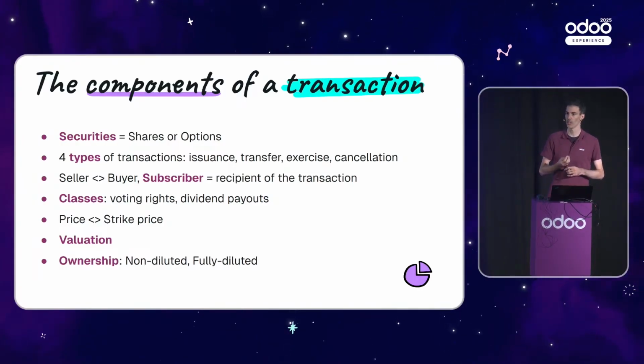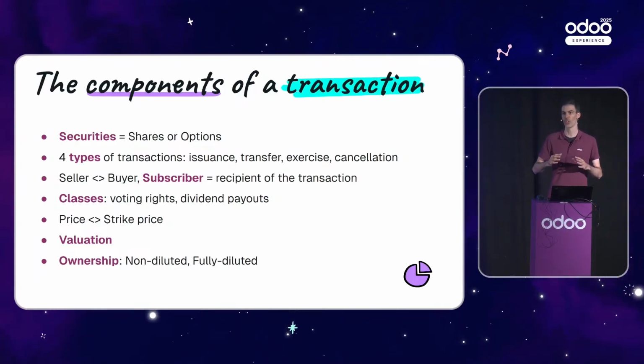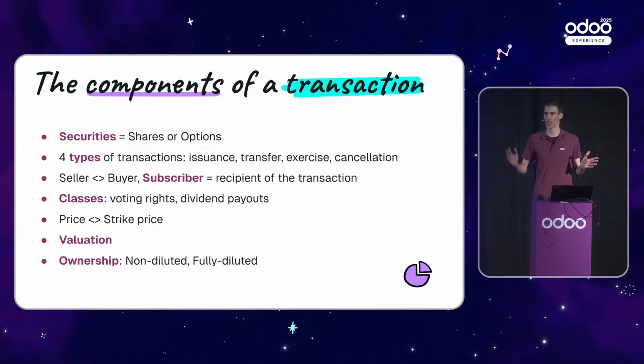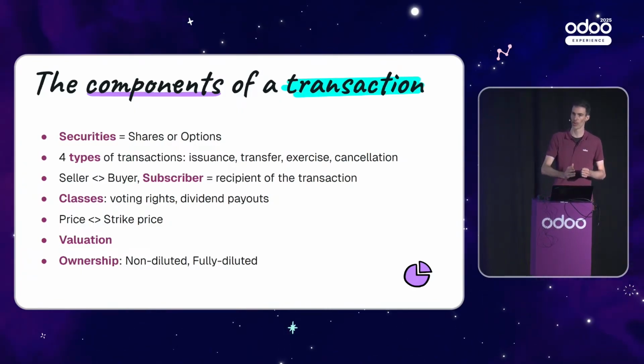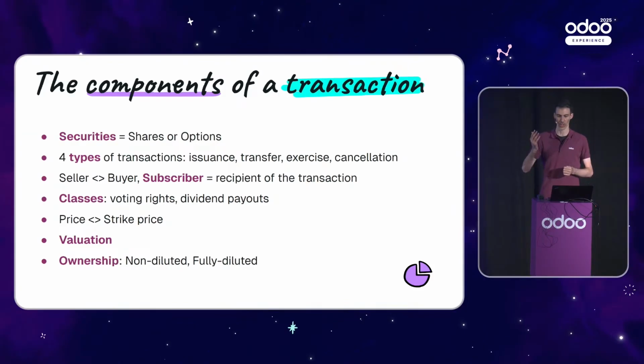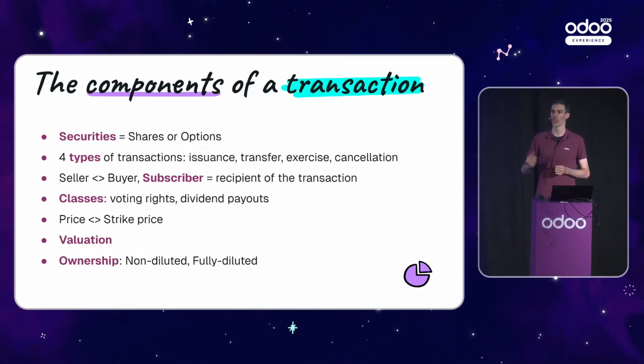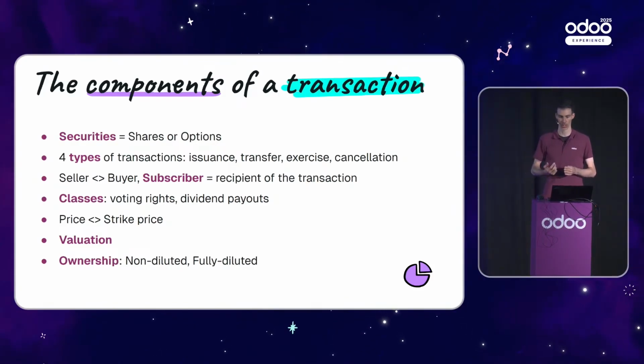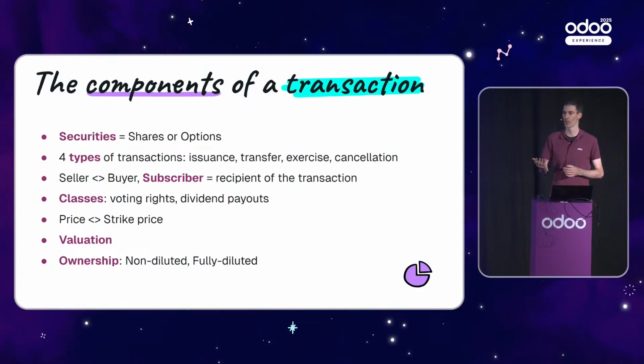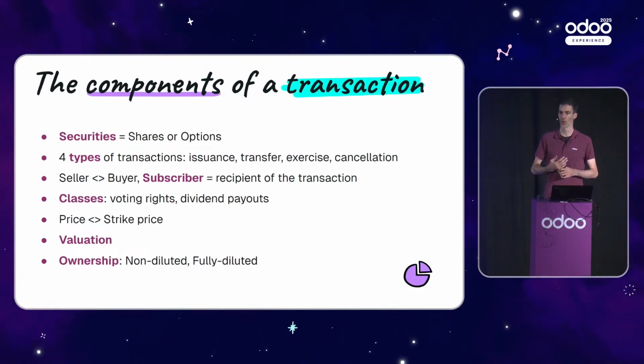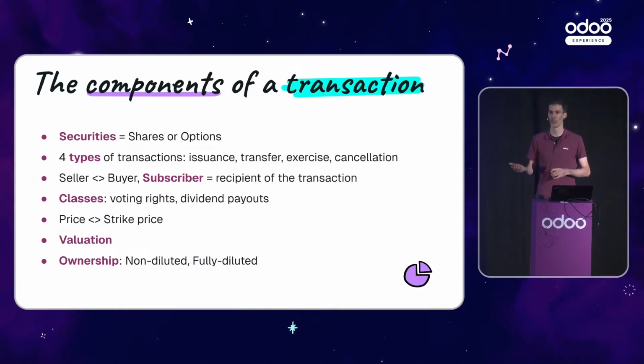Non-diluted would mean that we consider only the shares of the cap table to know the ownership of someone, whereas in fully diluted, we will also consider both the shares and the options. So someone could have 10% of a company non-diluted, but only 7% of that company fully diluted, because we would be considering all the other holders who have options.